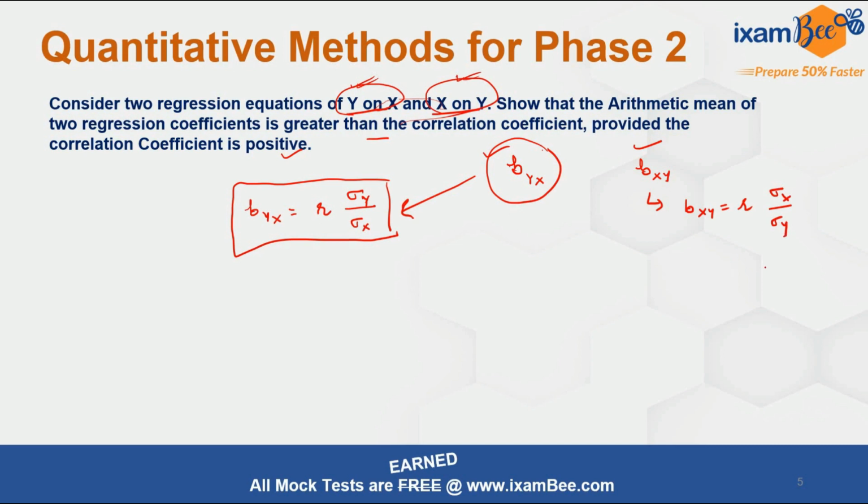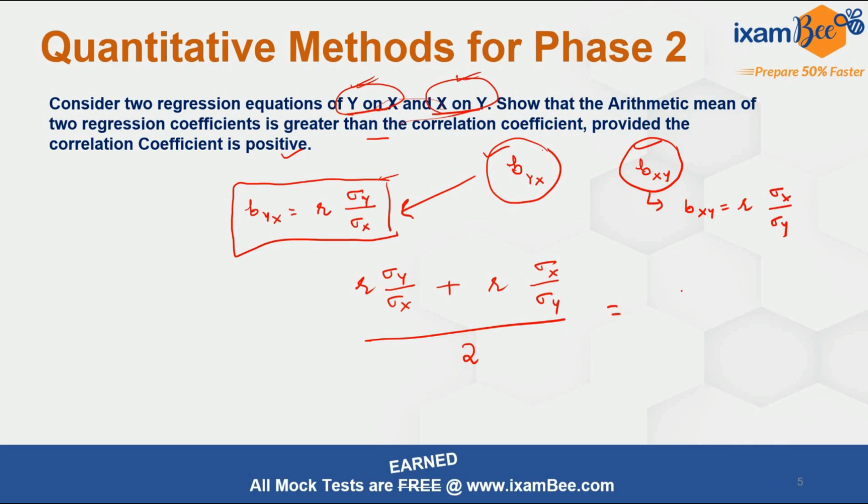Now we have to take their arithmetic mean. Arithmetic mean means you have to add these 2 numbers and divide by 2. So (r sigma y by sigma x plus r sigma x by sigma y) divided by 2. Now when you solve this, what do you get?